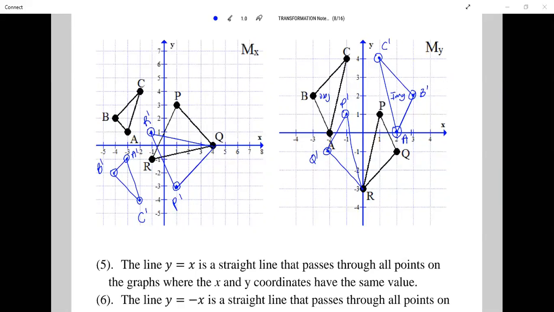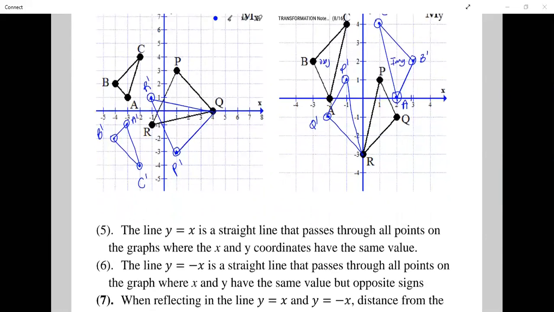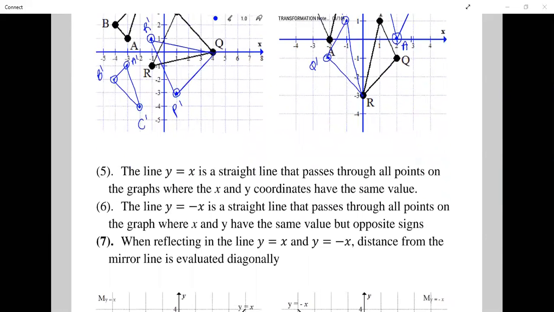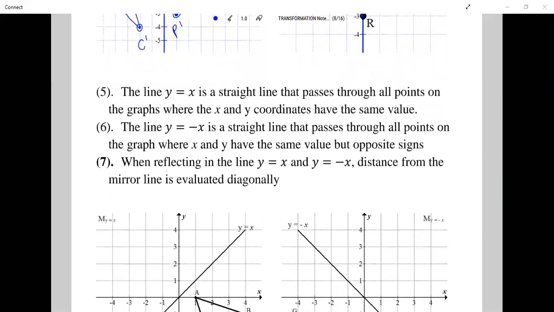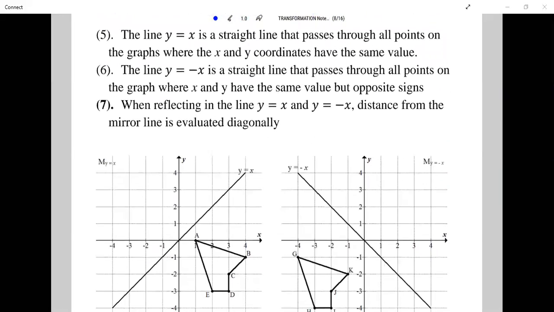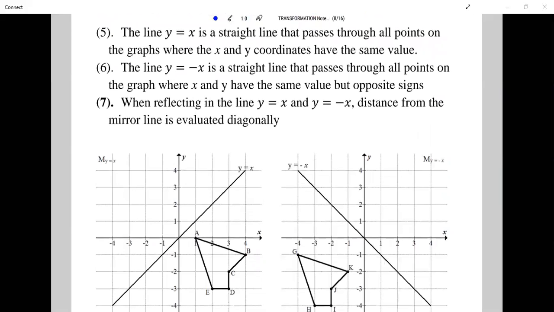All right, now the last thing we need to look at in reflection is reflecting in the line y equals x and the line y equals minus x. When we did graphs, I would have told you that the line y equals x is a straight line that passes through all points on the graph where the x and y coordinates have the same value.